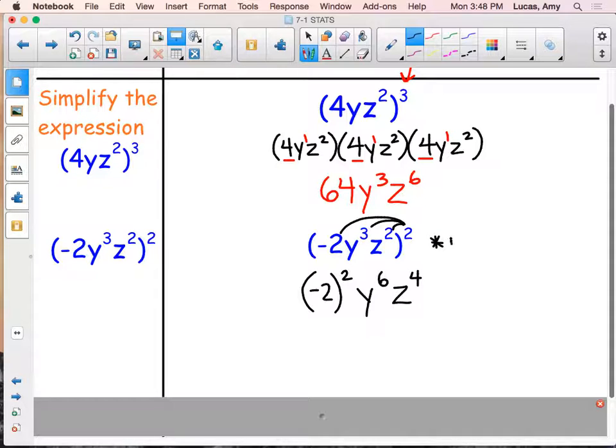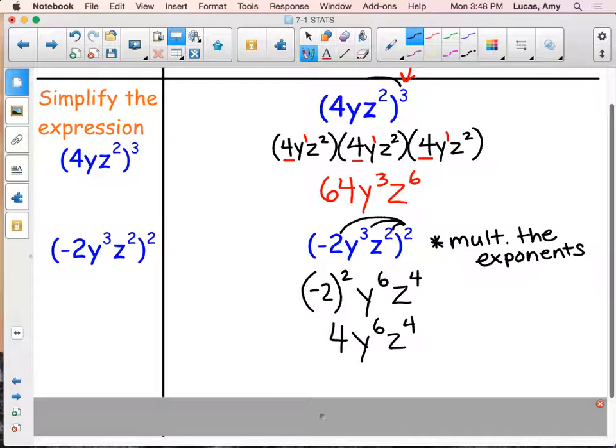You have to remember to multiply when you distribute, multiply the exponents on that shortcut. You could always expand this if you wanted to. Now, negative 2 squared, negative 2 times negative 2 is positive 4. So there's my final answer. 4y to the 6th, z to the 4th.